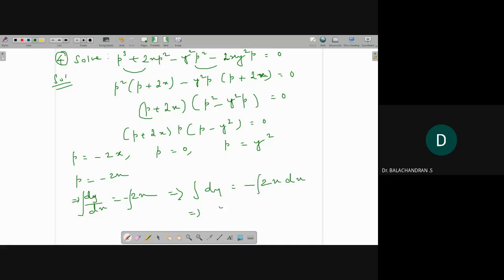This implies y equal to minus 2x square by 2 plus c. So 2 gets cancelled. Okay, so y plus x square minus c equal to 0.